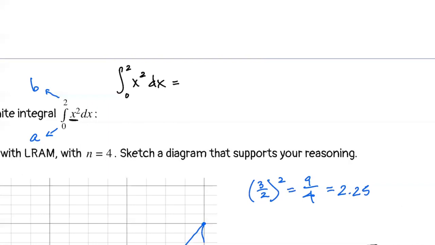Okay, and so what is the reverse derivative of x squared, or the antiderivative of x squared? Good, okay. So we would write 1/3 x cubed and then 2 and 0. Okay, what would we do with the 2 and the 0?